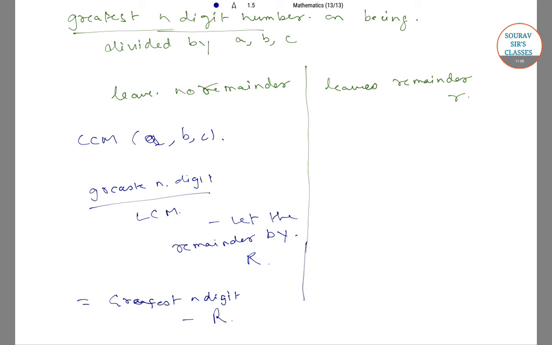Now, if the question is to find the greatest n digit number which on being divided by A, B, C leaves remainder r, in that situation again we find the LCM.